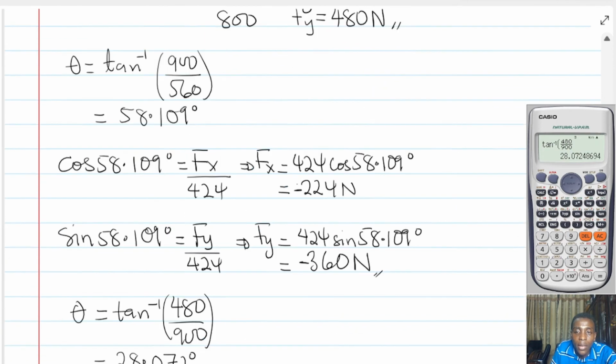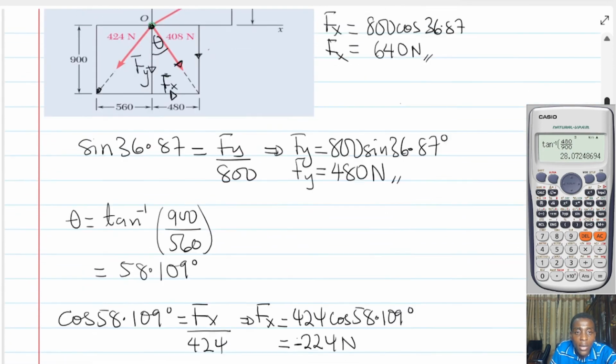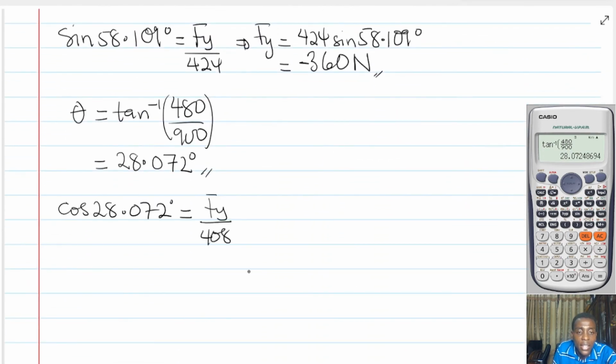All right. Now from here, we can easily find fy. So this implies that our fy this time is going to be 408 cosine 28.072.